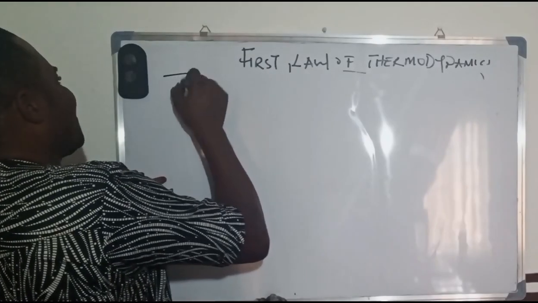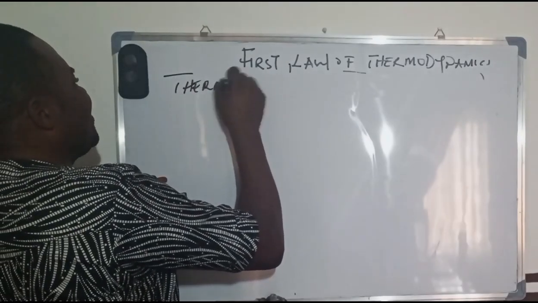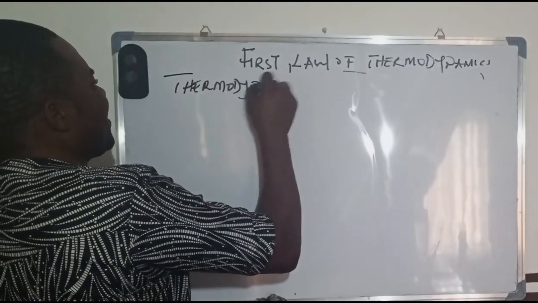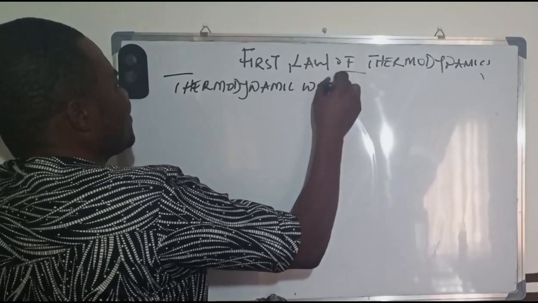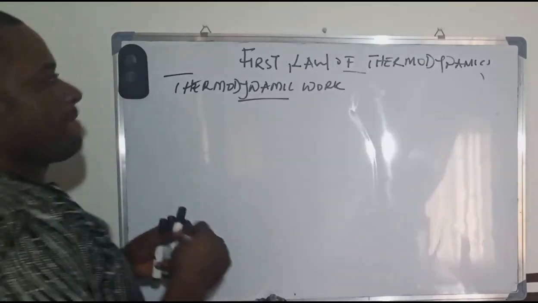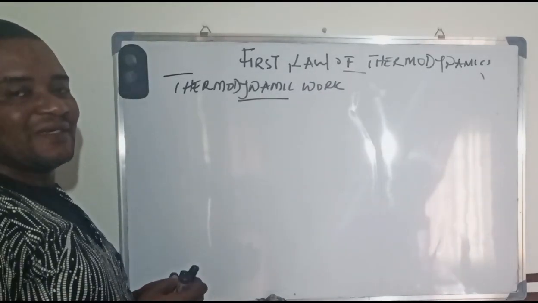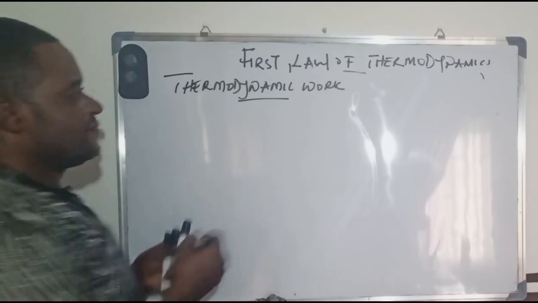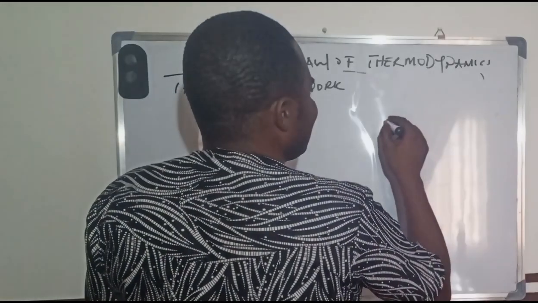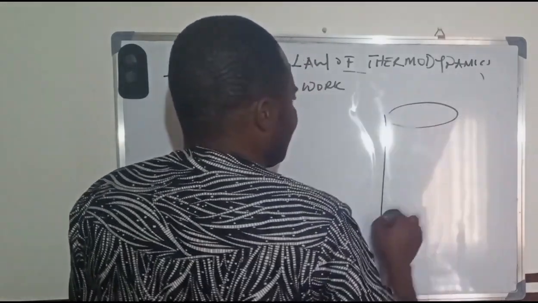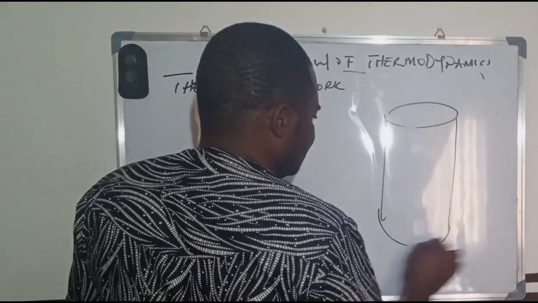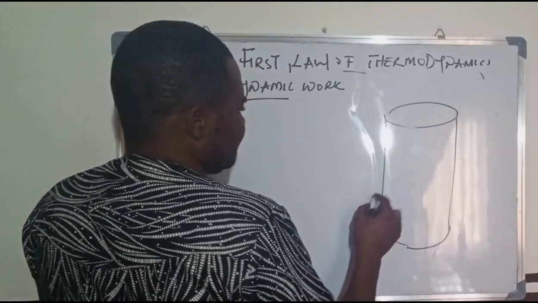So let us see how we can derive thermodynamic work, okay, which is work done, and is given as W. But we start with something. Assuming we have a compression. We have a compression here.